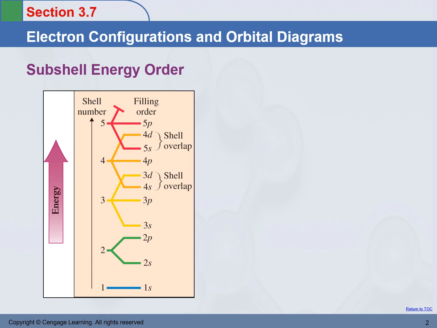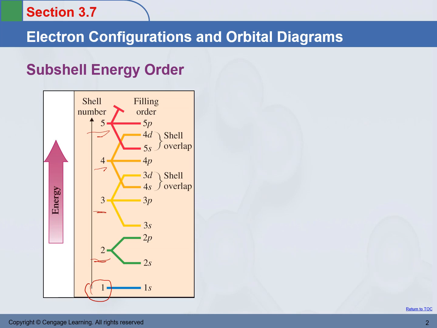We have already clarified that electrons will fill in the subshells in increasing energy order. We know something about the energy levels. Overall, shell number 1 is at a lower energy level than shell number 2, number 3, number 4, number 5. Overall, it goes up in energy. However, we didn't know exactly the energy levels of the subshells.